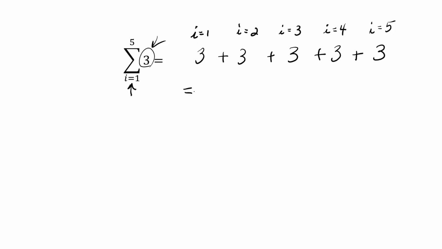So that is just going to be 15. When the letter that's right here does not occur in the expression there, you're basically just going through the increments and adding that number over and over again. Since we're going from 1 to 5, 1, 2, 3, 4, 5, that's 3 times 5, which is 15.